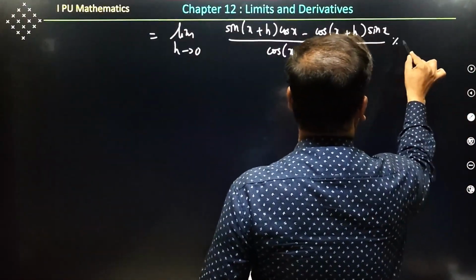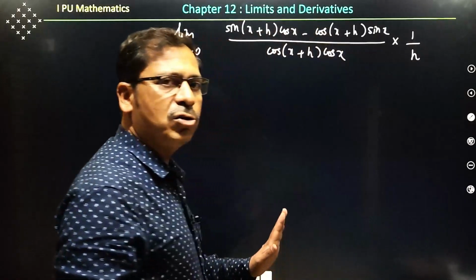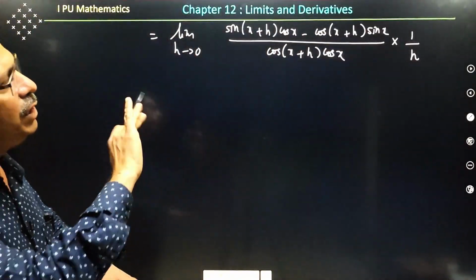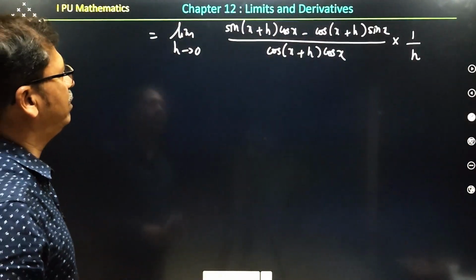In the convenient way I would like to write it as 1 by h. That's all. Dividing by h or multiplying by 1 by h is the same, there is no difference.